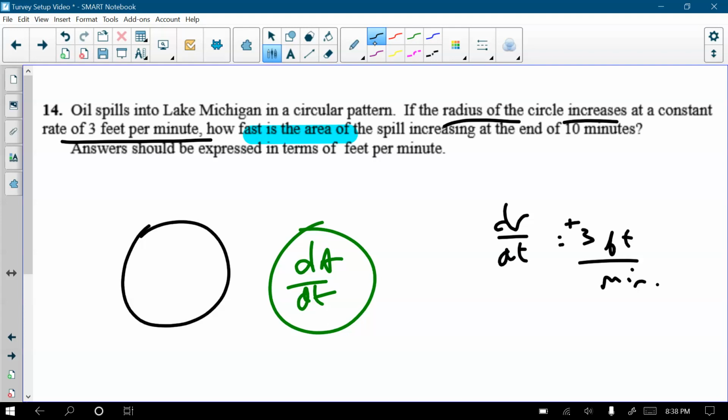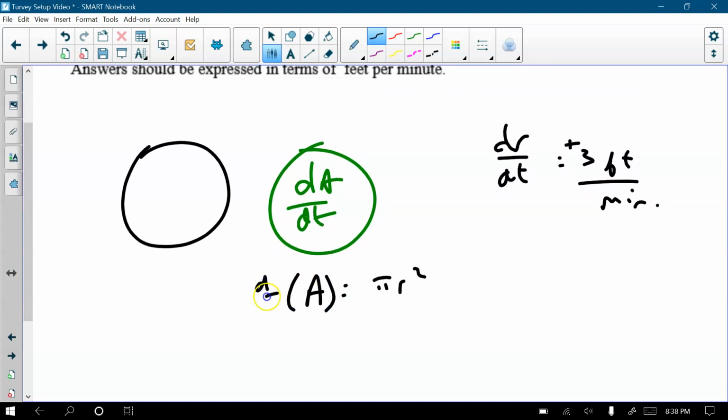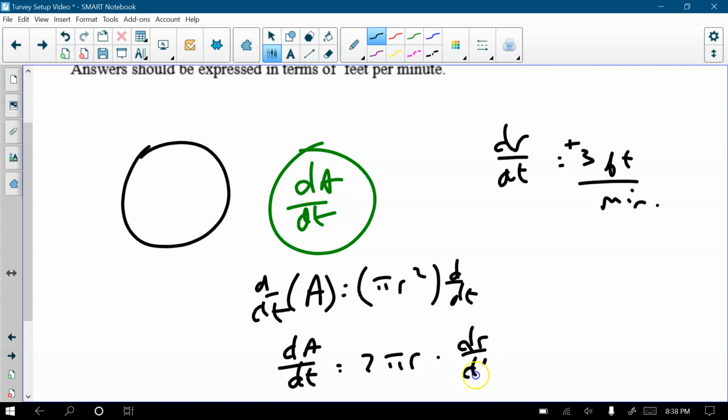Oh, that's a little bit different. I like it. Okay, this is a little trickier. Let's set up what we know. Area is going to be pi r squared. If I take the derivative right off the bat with respect to time for both sides, I find that the area relates to the radius by finding 2 pi r, because that's the circumference, and then multiplying that times the rate that the radius is changing at.